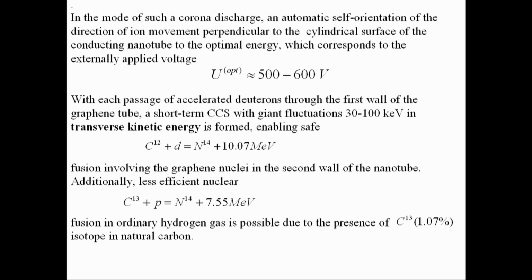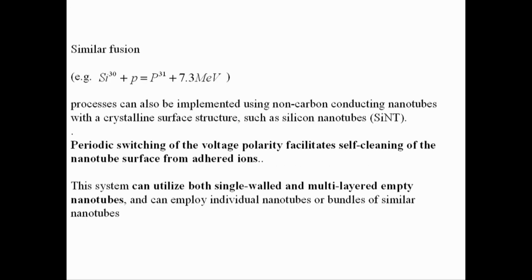Carbon-12 is the main isotope of the carbon nanotube, and with deuteron the reaction forms nitrogen-14 with energy release of 10 MeV. Also there is the isotope carbon-13, with low concentration, only 1%, reacting with a proton. Another possibility is, for example, a silicon nanotube plus proton.